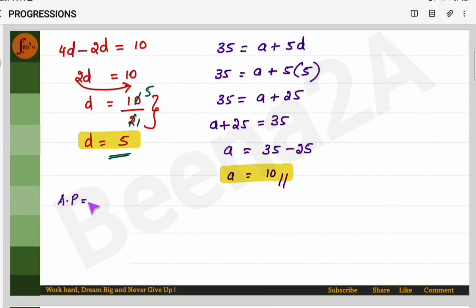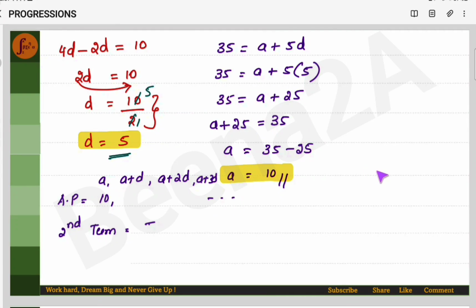Arithmetic progression, how would we get it? The first term is 10. Now we'll have to find the other terms. The difference is 5. What is the second term? The second term is A plus D. This is A. This is A plus D. This is A plus 2D. A plus 3D. It goes on.